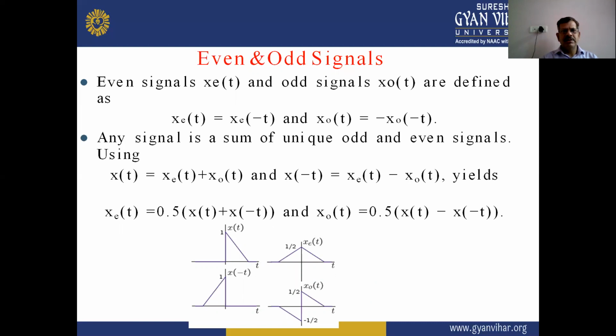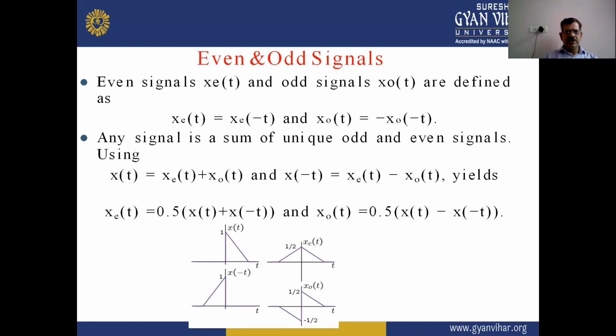Next one is the even and odd signals. Even signal x_e(t) and odd signal x_o(t) are defined as x_e(t) = x_e(-t) and x_o(t) = -x_o(-t).